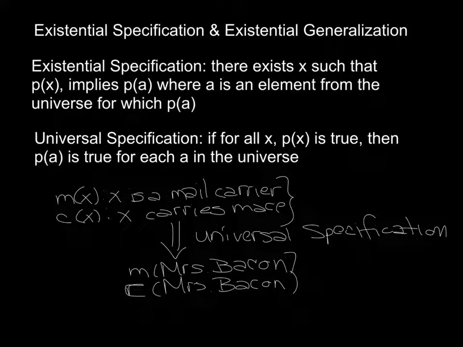So using the rule of universal specification, we got m of Mrs. Bacon and c of Mrs. Bacon, and we went on to do our proof. Now, because the universal specification allows you to plug in any value of a, since it's true for all values, you could plug in anything you wanted in here, and in particular you could plug in the same variable into M and into C.